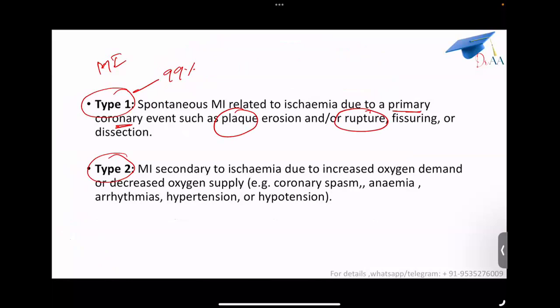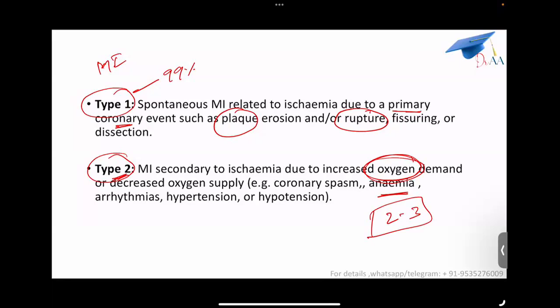This has caused acute myocardial infarction. What is type 2? Type 2 is basically where the oxygen supply to the cardiac muscle is decreased. It might be because of severe anemia. For example, if the hemoglobin level is 2 or 3, there are not enough RBCs to carry oxygen to the myocardial muscle.